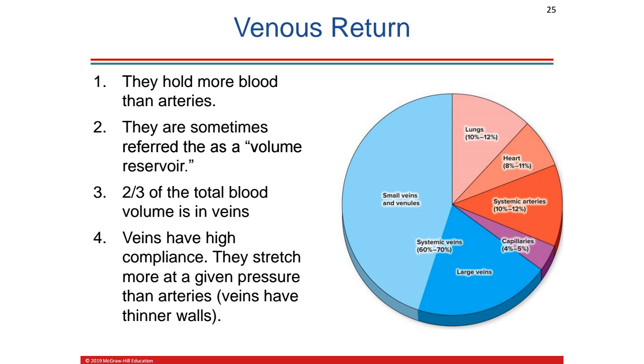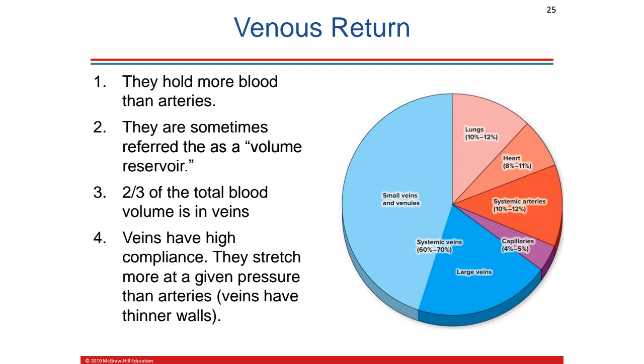The first thing we need to understand are the differences between arteries and veins. Arteries and veins are similar in some ways, but there are also some really key differences. Veins hold more blood than arteries. If we look at this diagram here, we can see that a certain amount of blood is found in veins, there's a certain amount in capillaries, and then about 60 to 70% of your blood at any given moment would be found within veins.